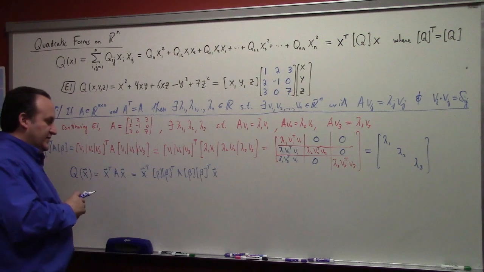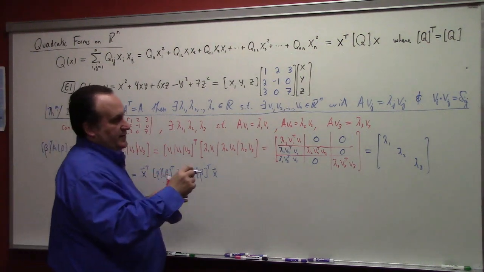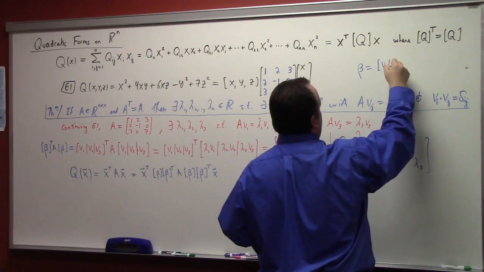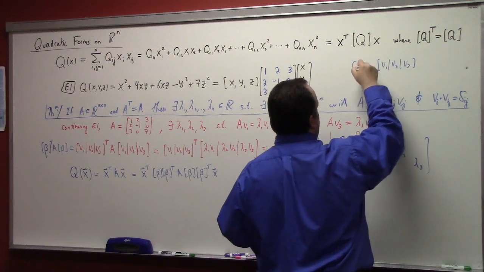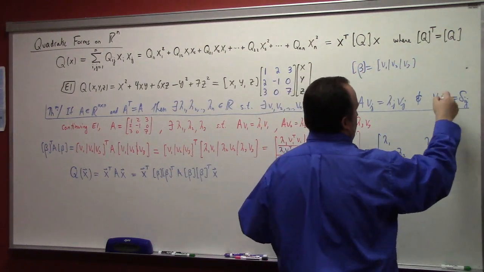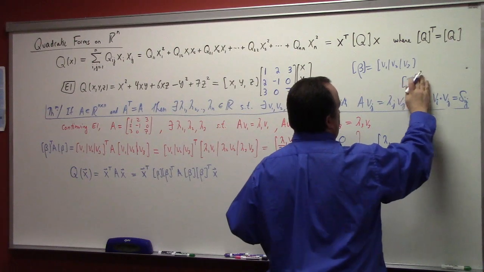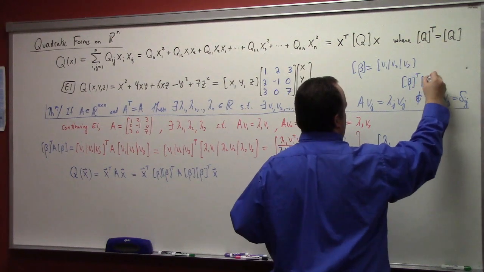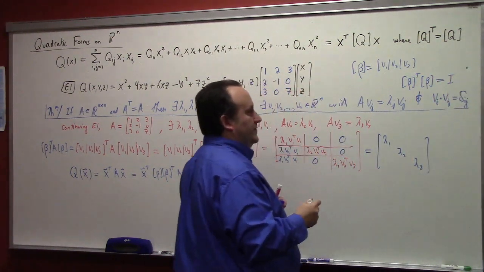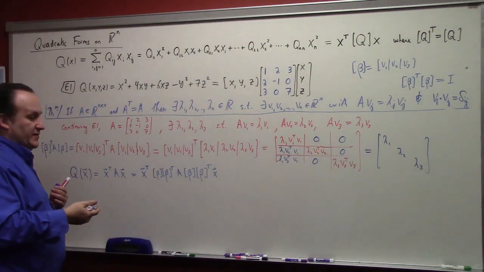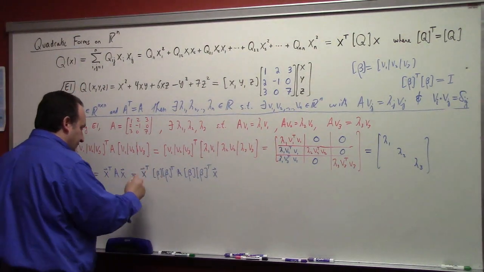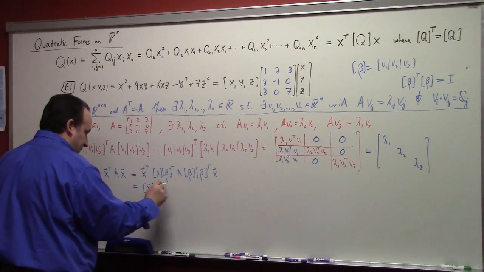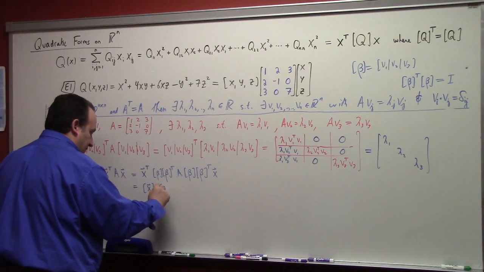I'm inserting the identity matrix now, because remember, if I make beta for this current problem v1, v2, v3, that's the basis matrix, then this condition says the basis matrix is in fact orthogonal. And so the transpose is the inverse. So this is really the x-coordinate vector with respect to the beta basis times this thing.